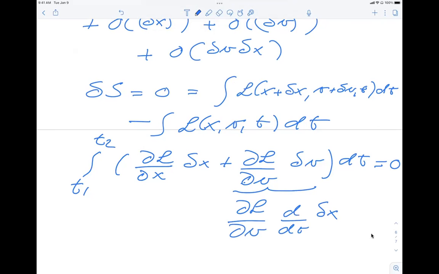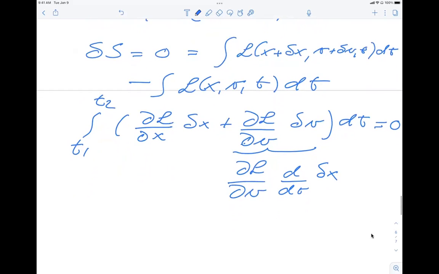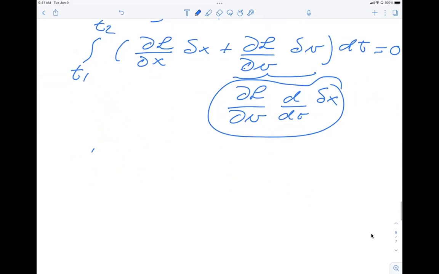If you look at these equations and we take this specific term, we are going to get something which, when I integrate by parts, is essentially what we end up doing here.